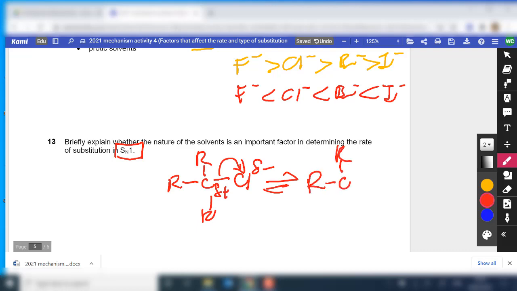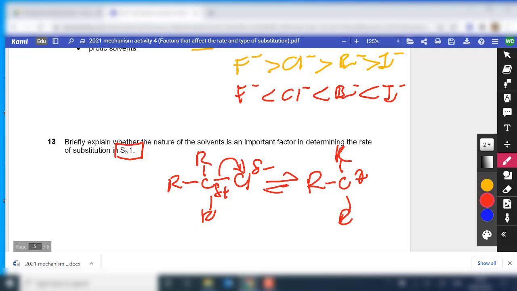Carbocation, plus charge. For a carbocation, it is a species with a full positive charge. So definitely the presence of a polar protic solvent, where the oxygen can stabilize the positive charge, will help to lower the activation barrier by quite a bit, if you can recognize that.